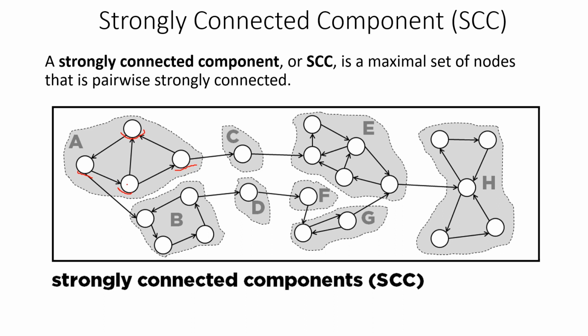Any vertex can reach any other vertex. There can also be a component which consists of only one vertex, because from this one you can reach this vertex, but this vertex cannot reach this one. That's why this node itself is the only element of the strongly connected component C, right?